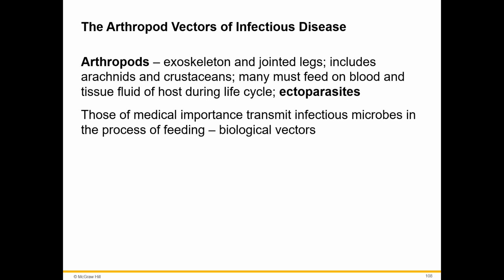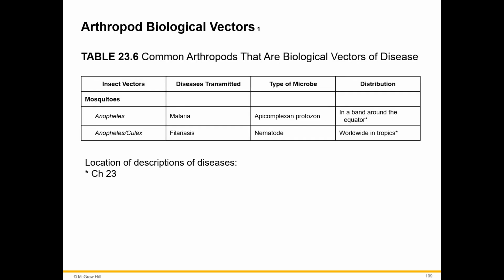For medical importance, we call these different vectors biological vectors, because they're medically important in transmitting different types of pathogens, or infectious microbes, through the process of feeding on us. So what are some common ones? We've got the mosquitoes.